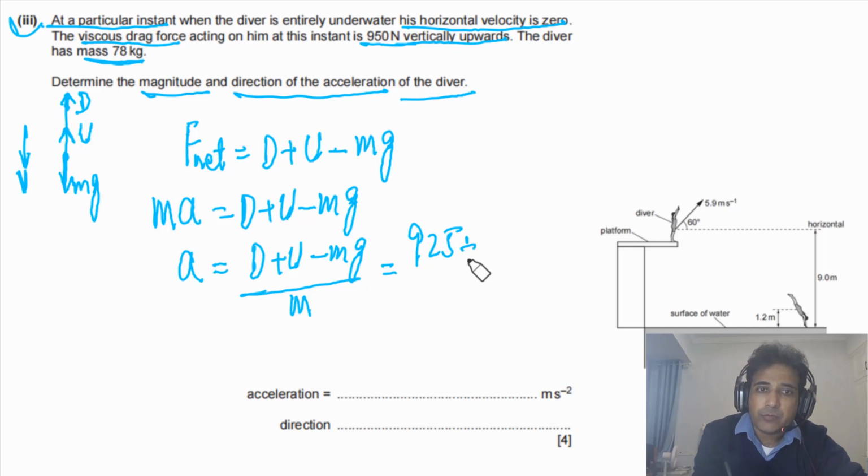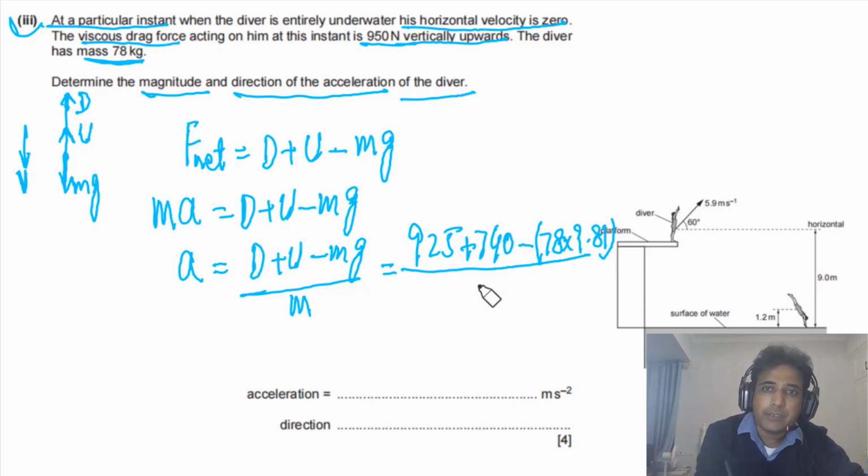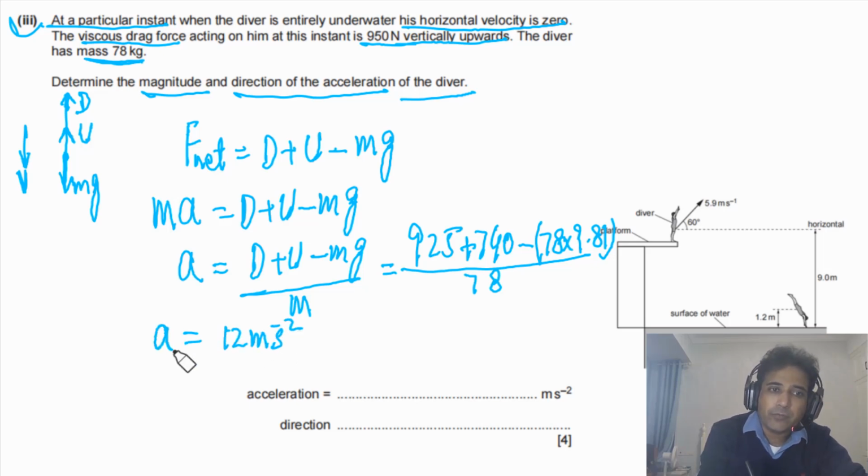Then we have the value of upthrust, which is 740, and minus we have mg. m is 78, g is 9.81, and this is divided by 78. So if we solve this, we will get 12 meters per second squared. And this is the value of acceleration.